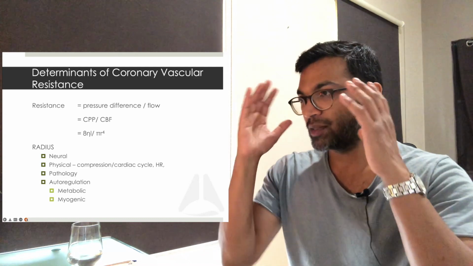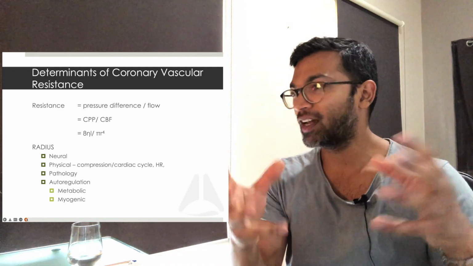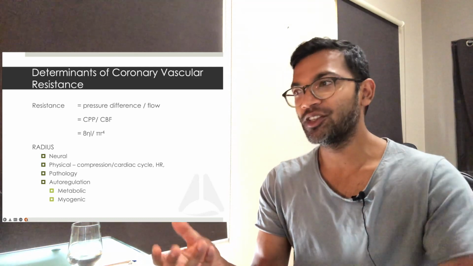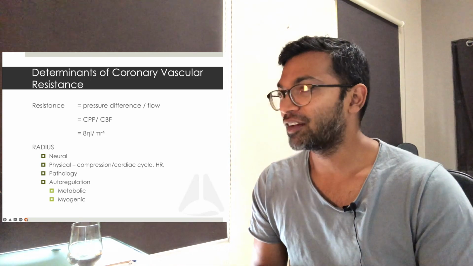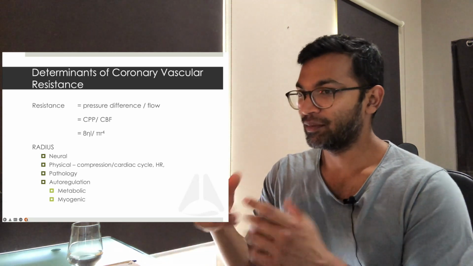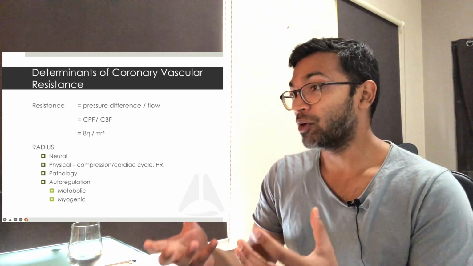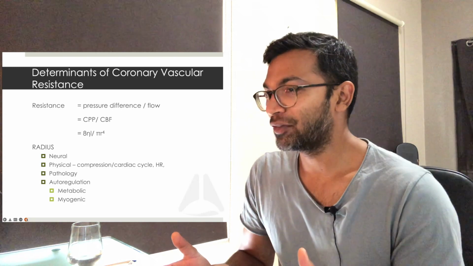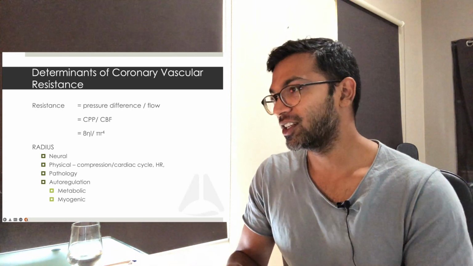So again, I've just transplanted the knowledge that I had about radius factors, which was often very similar things: nerves, drugs, physical stuff, compression and pathology, and then chucked on autoregulation, metabolic, myogenic. Because again, I don't want to waste too much of my memory in learning stuff. I just want to be able to attach previous knowledge and just add on to it.